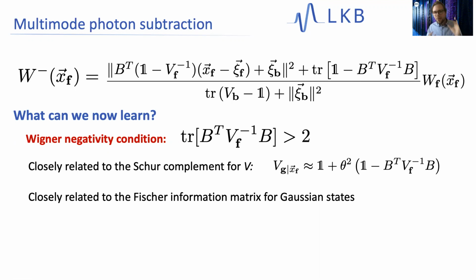We don't really understand where this connection comes from and how general it is, but it's quite interesting to highlight that it's there. Of course, this condition says that you need squeezing. So you could say you need a metrological quantum advantage, but at the same time, it just says that you need non-classicality in this initial state in the mode that you are subtracting. And so this is maybe not that surprising in this sense.